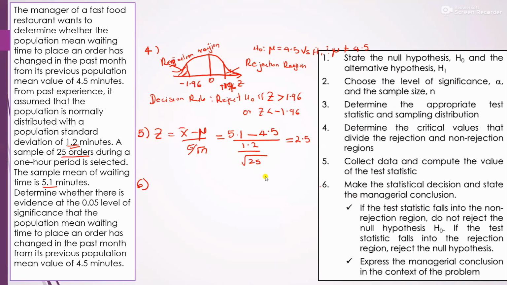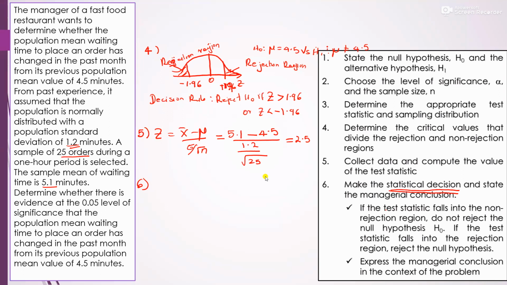Based on our decision criteria, for the statistical decision you have to decide whether to reject H naught or not reject H naught. So under the statistical decision, we determine whether H naught is rejected or not rejected.